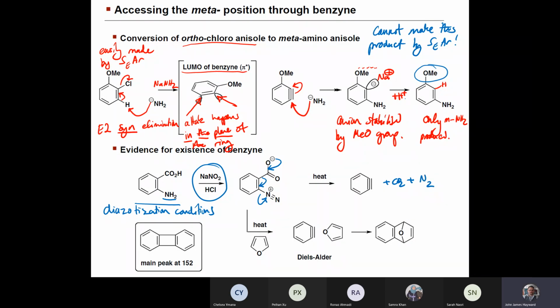Okay, so that is obviously entropically very favored, producing two equivalents of gas. Now, if you just leave that on its own, what ends up happening is that you get plus CO2 plus N2, you get dimerization.